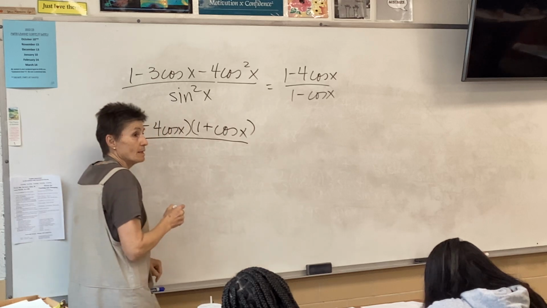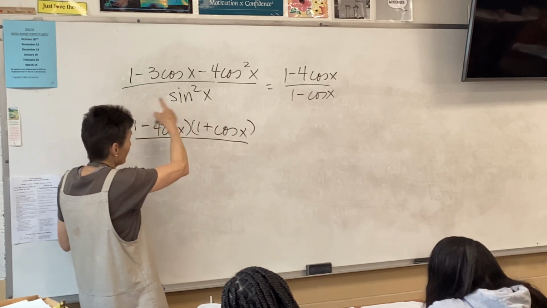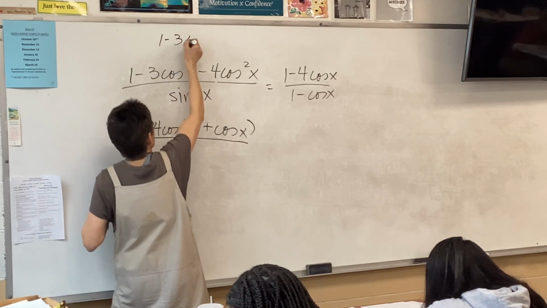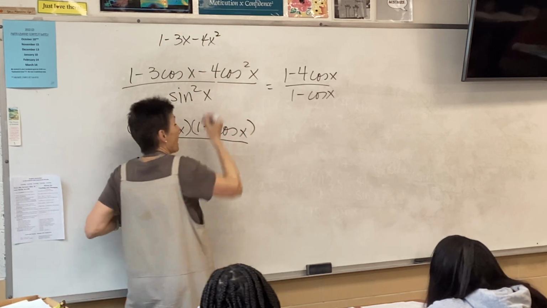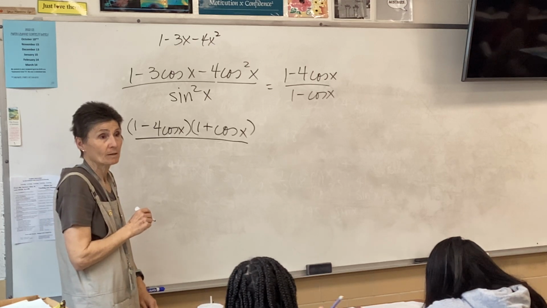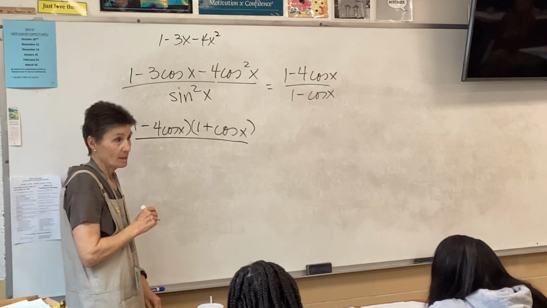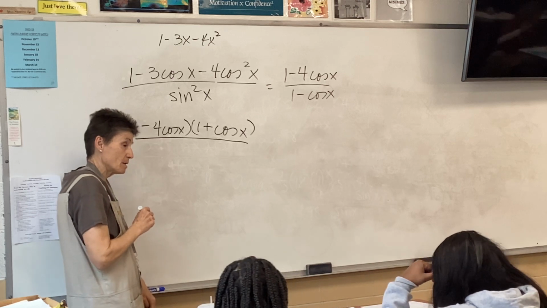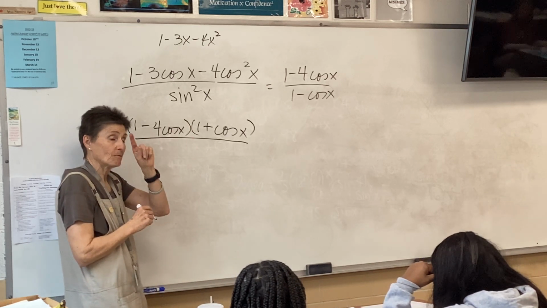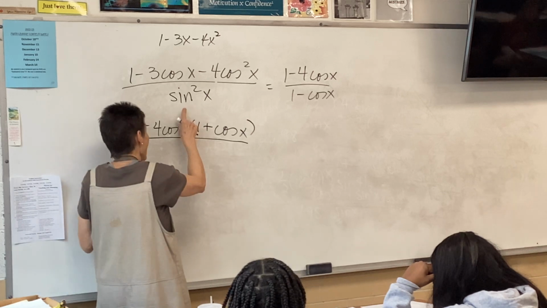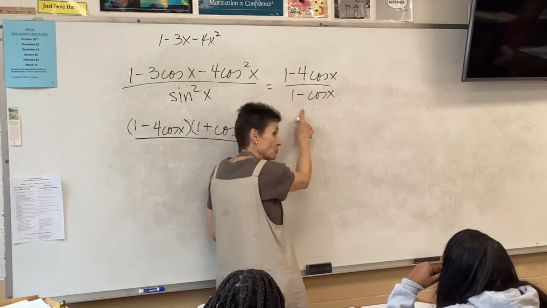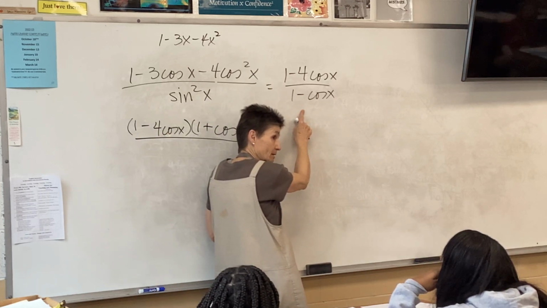If you are struggling with it with the cosines in there, think of it as 1 minus 3x minus 4x squared. How would you factor that? It's exactly the same problem. Now, the denominator does not factor, and furthermore, the denominator is a sine, but I'm wanting to end up with a cosine.